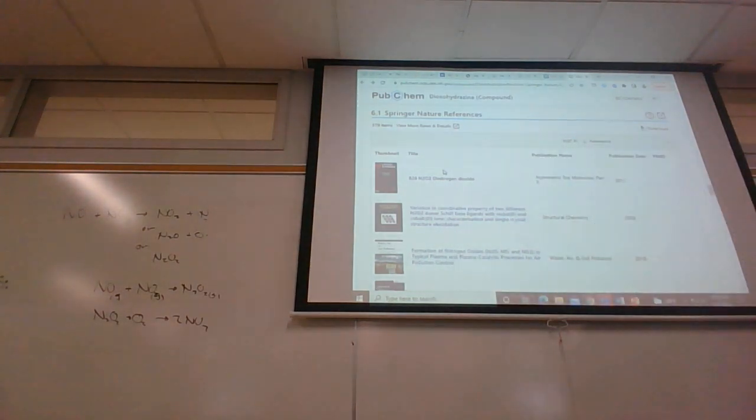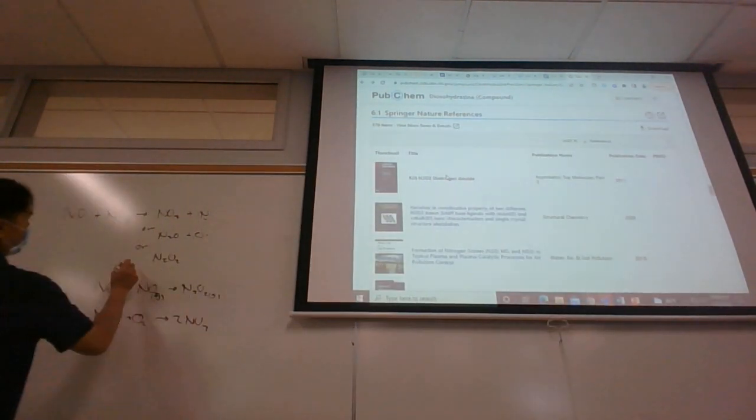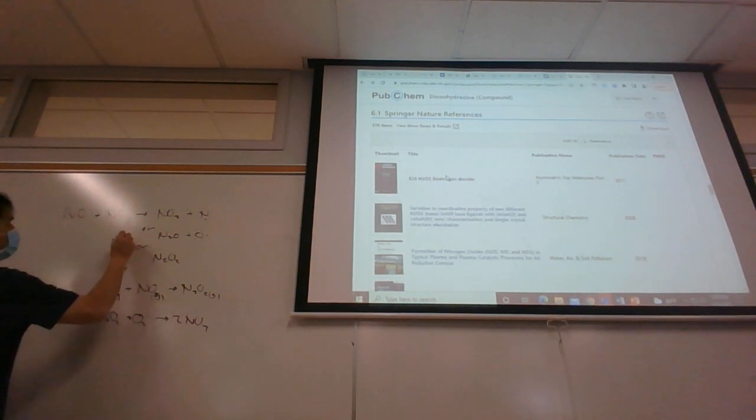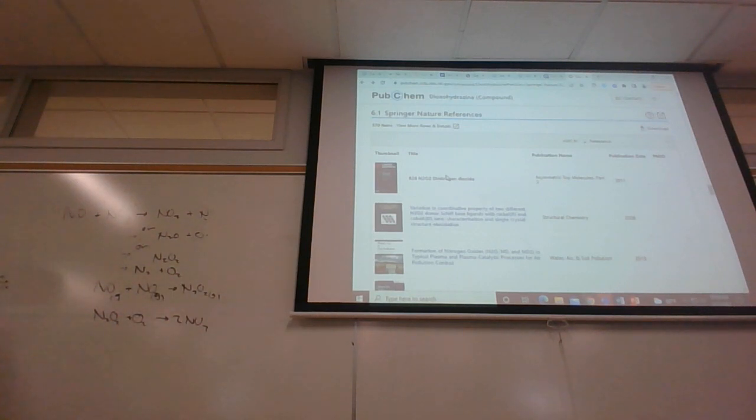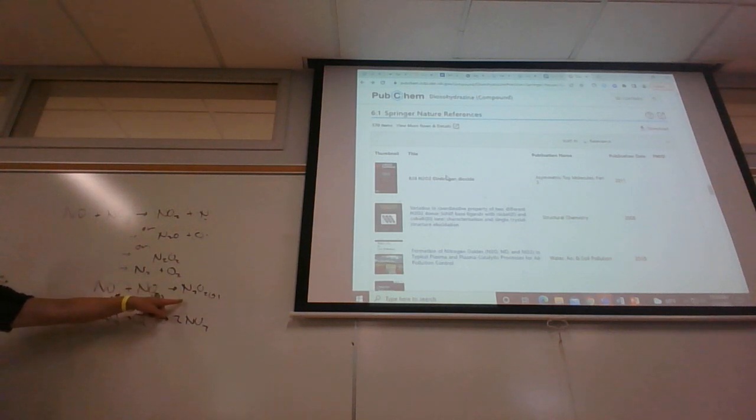Is there a reason why we even suggest N2 and then O2 separately as a possibility? I mean, I'm sure there is, but what would be the reason? Yeah, that's also stable as well. N2 plus O2. We could do that, but N2 and O2 form a very stable mixture, air. And does air react in the next step to form nitrogen dioxide?